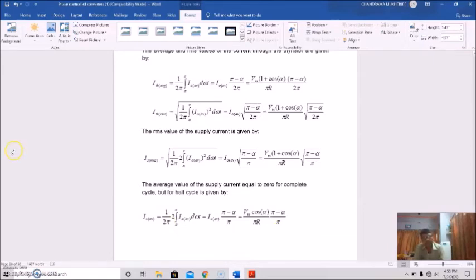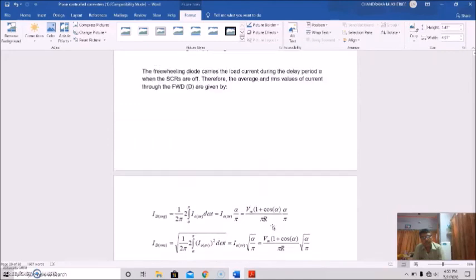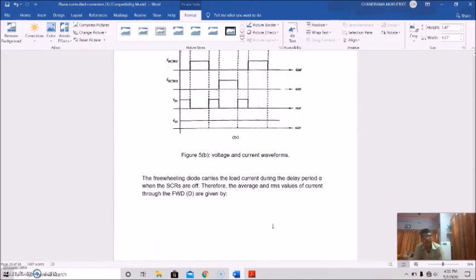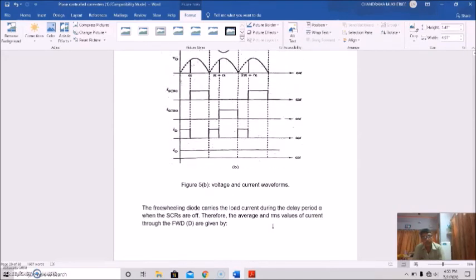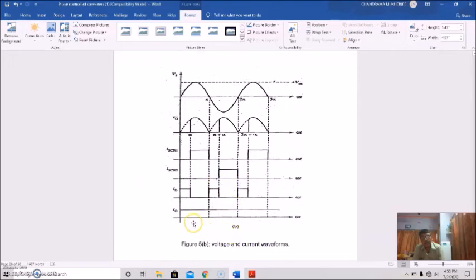The basic difference is clear from their waveforms. That is due to the presence of the freewheel or flywheel diode. The output voltage is clamped at 0 volt, and the load current is modified in such a way that a constant output current is being generated.